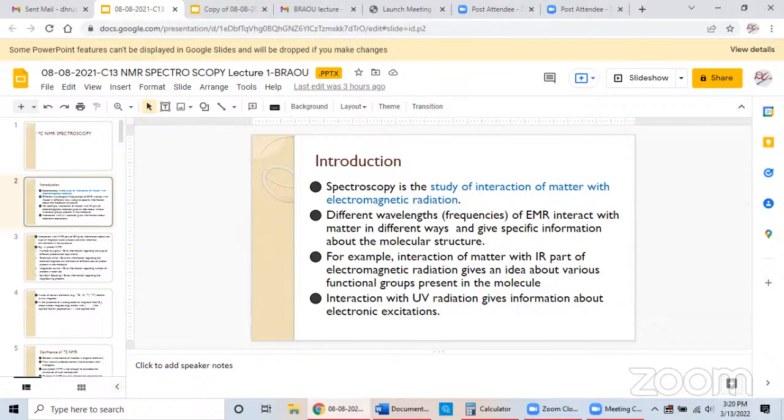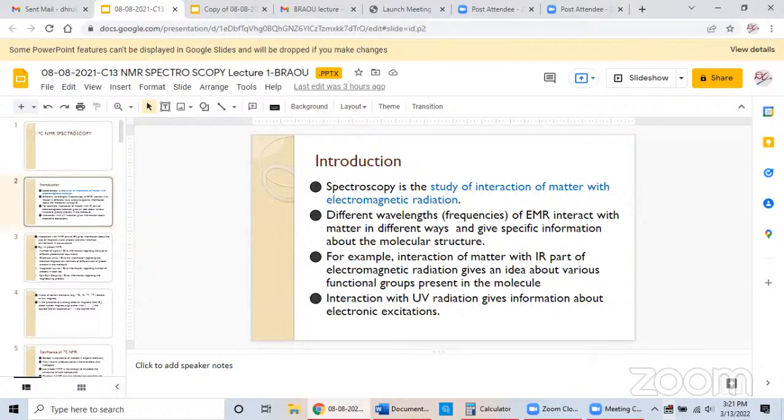structure elucidation. For example, interaction of the IR part of electromagnetic radiation gives an idea about various functional groups present in the molecule. For example, a carbonyl functional group will interact with a specific frequency, a specific wavelength of electromagnetic radiation, and give you an IR spectrum. From the signal you observe, you will be able to identify whether a carbonyl is present in the molecule or not.